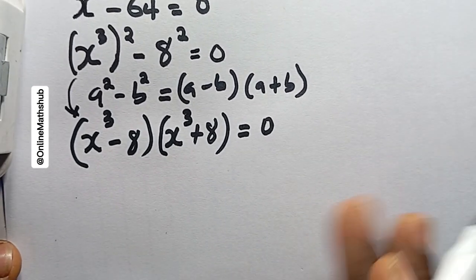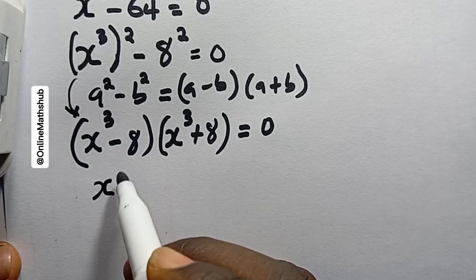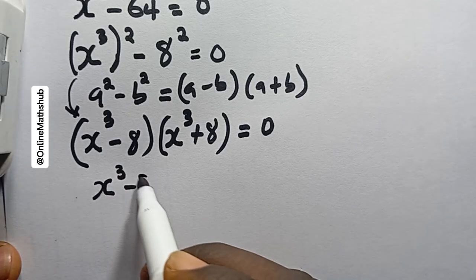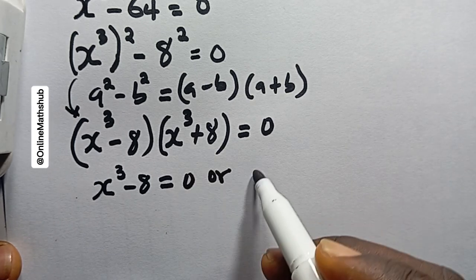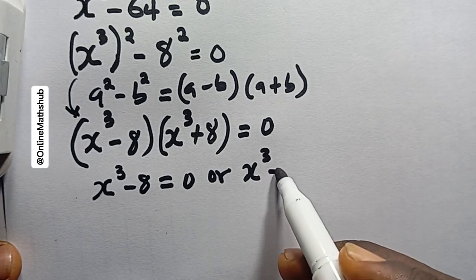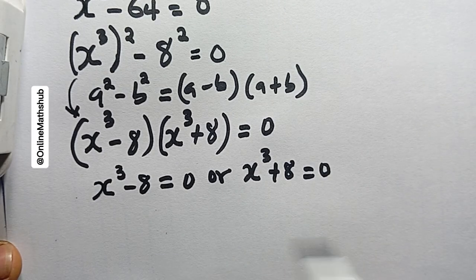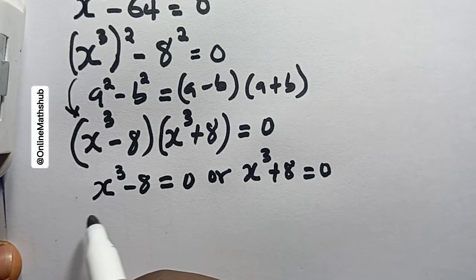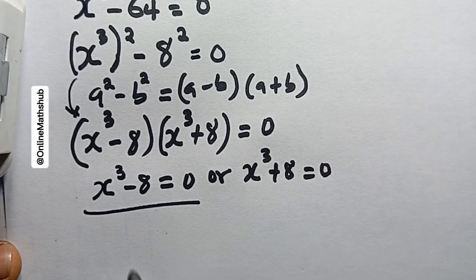Then using the zero product rule, this implies that x power 3 minus 8 is equal to 0, or x power 3 plus 8 is equal to 0. So I'm going to be solving these two equations to find all of the values of x that will satisfy this equation. If I call this case 1, let's go for this.